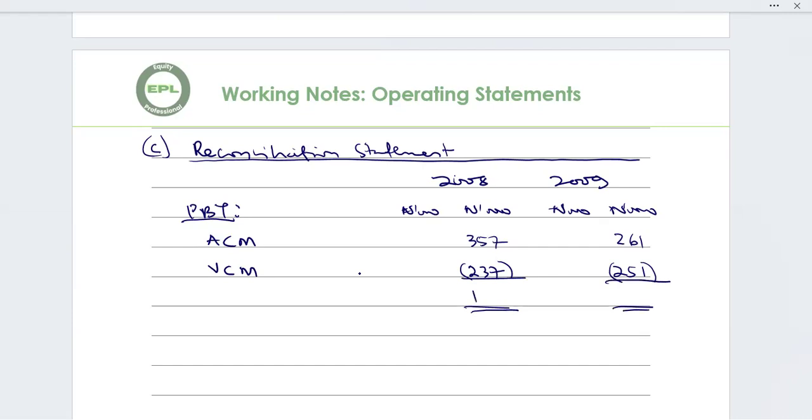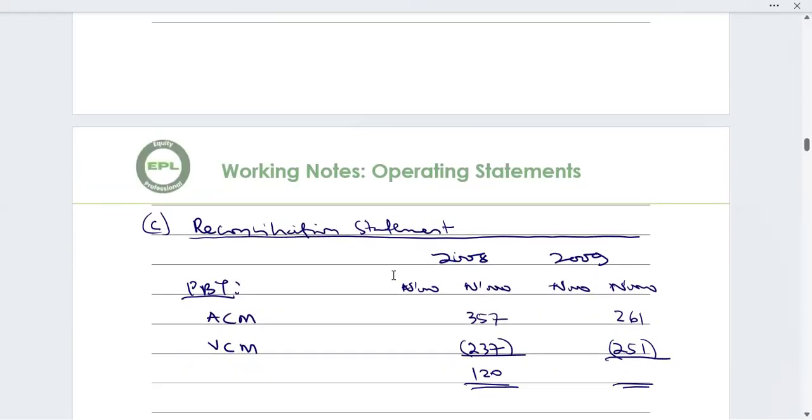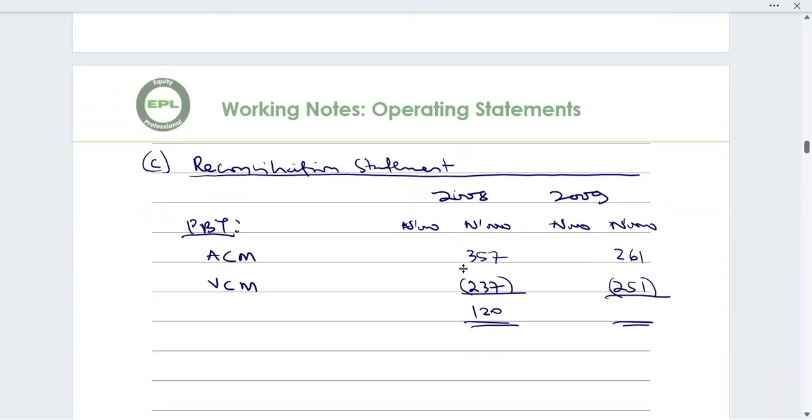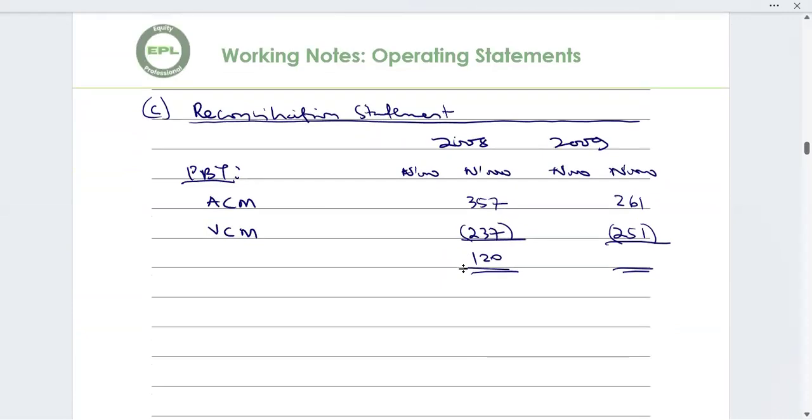Here should be 120. Minus 90. Is it 251 or 351? Let me see. This one is 351. So that will be minus 90.